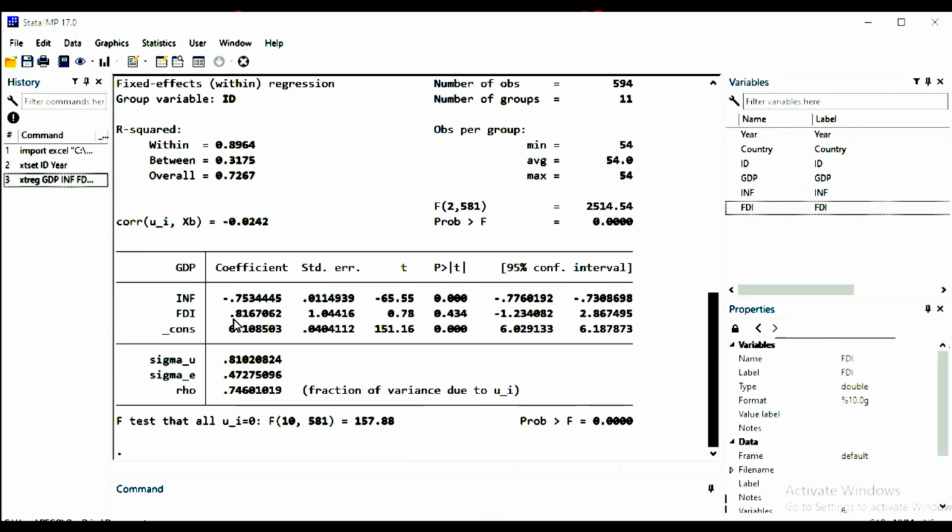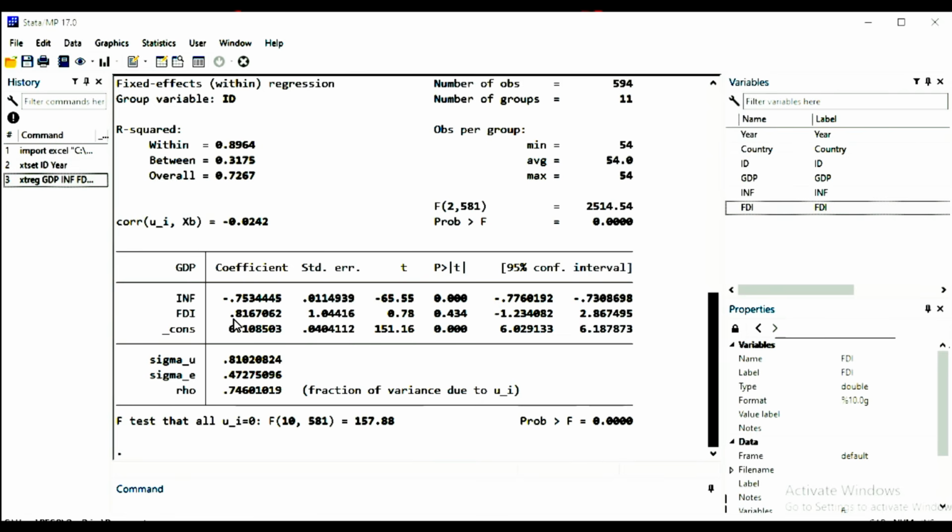Furthermore, the appropriateness of the fixed effects model in our context is also tested by the F test that all of the country fixed effects are zero. That means the country fixed or individual effects are not significant. As you can see here, the F statistic corresponding to this test is 157.88, and its corresponding probability value is 0, which is much lower than the critical 5% threshold for statistical significance.